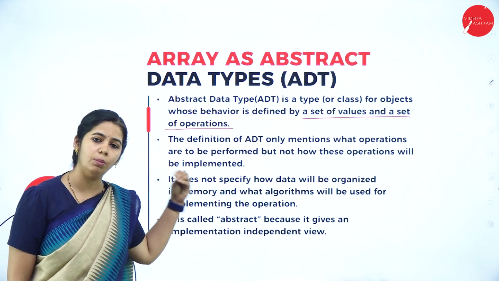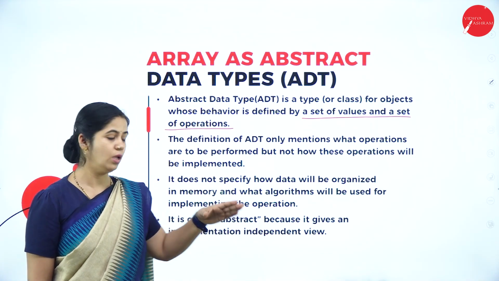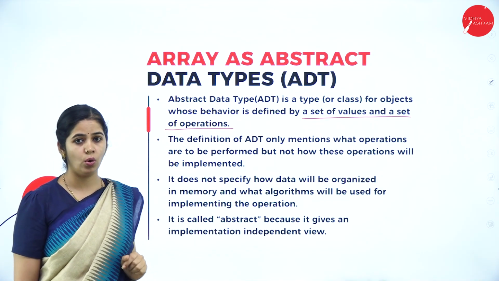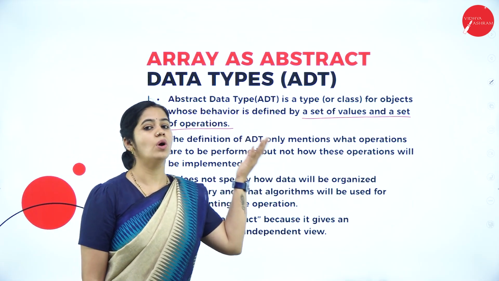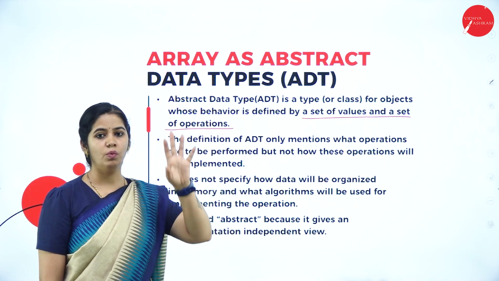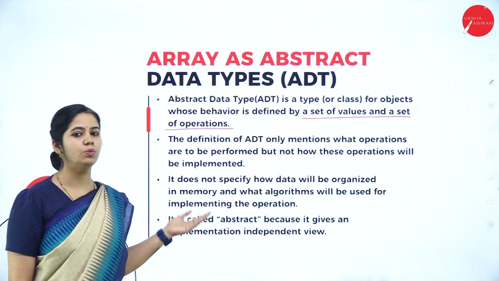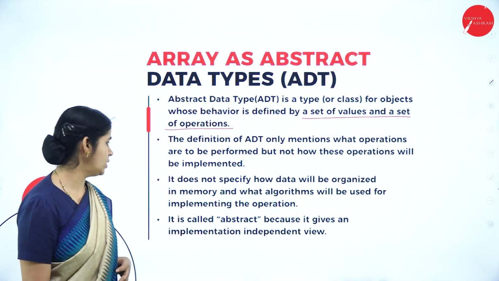It does not worry about how the operation is computed, how the data is stored in memory, or which algorithm is used. We just have a value and an operation for this value, so execute this operation. That much is what the abstract data type does.